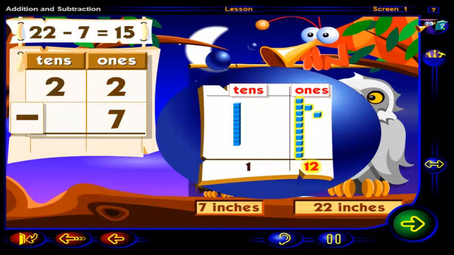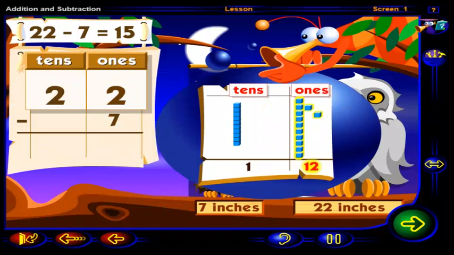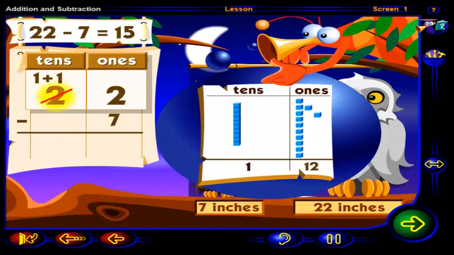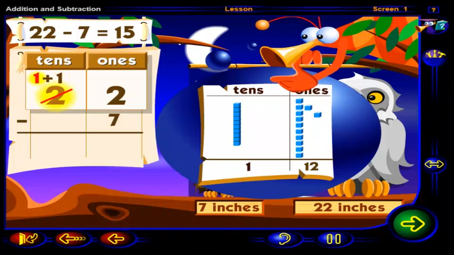So, we can regroup here also. Click on the 2 in the tens place to see how it can be regrouped. We can write 2 tens as 1 10 plus 1 10, and regroup one of these tens as 10 ones.